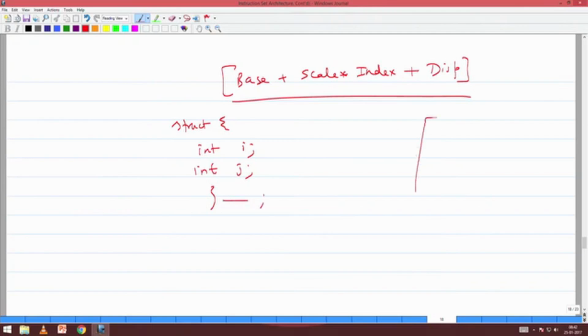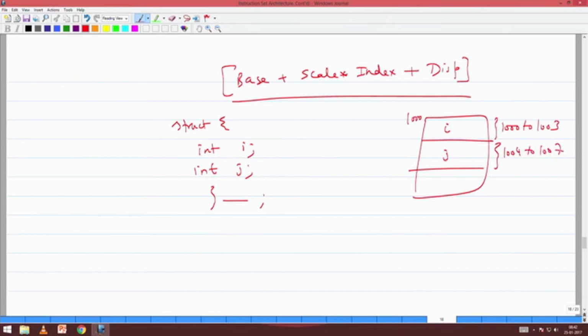The structure will start at 1000, I will be stored from 1000 to 1003, while j will be stored from 1004 to 1007, okay. Now, I can use say 1000 as EBX.